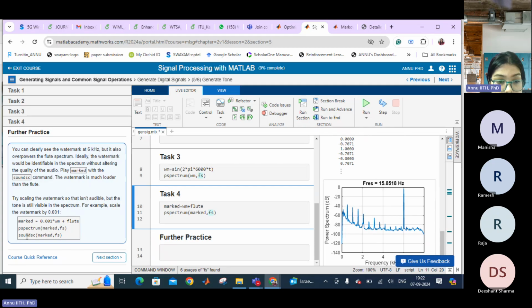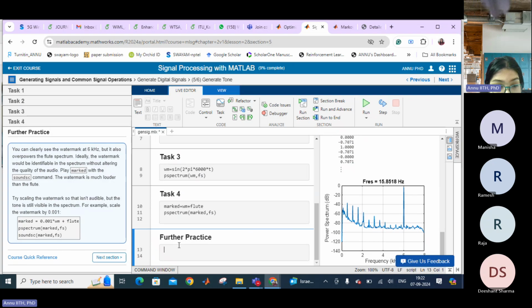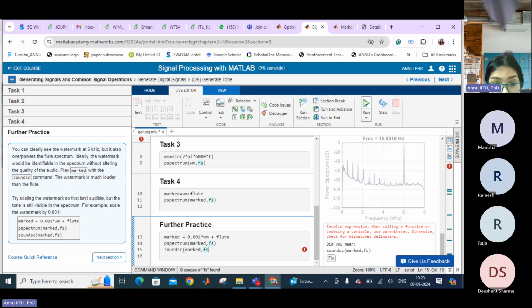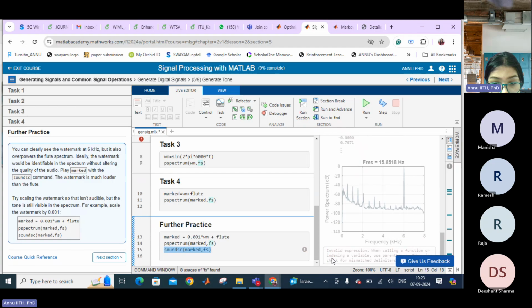For example, you can do it like this. You are reducing the amplitude of Wm.